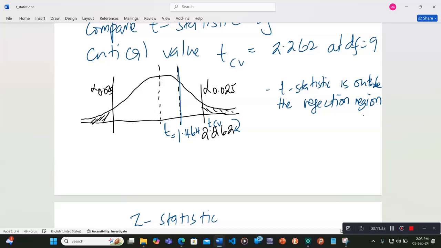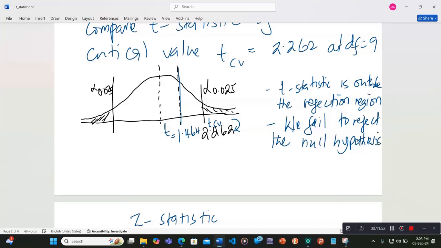What does that mean? It means we fail to reject the null hypothesis.